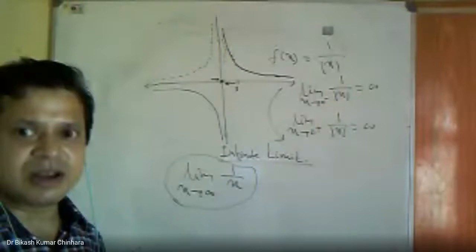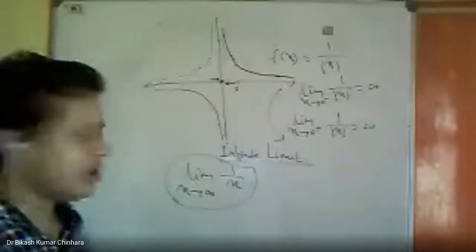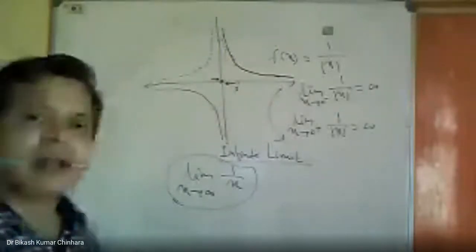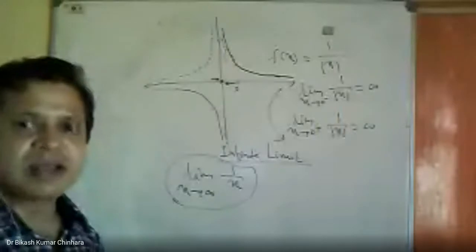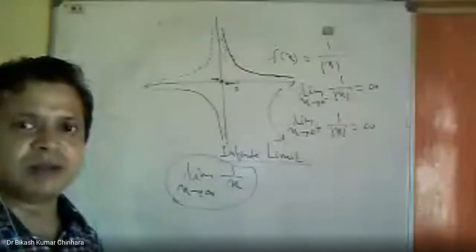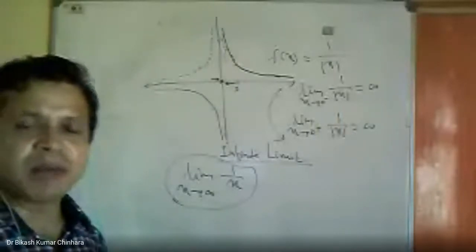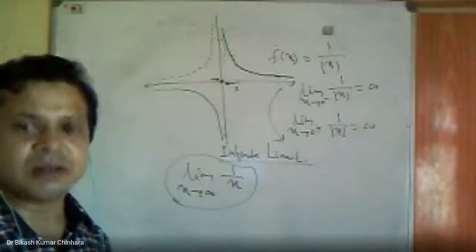If the value of the limit is infinite, in general we say that the limit should not exist. But we are giving another name to that. I am saying that if the value of the limit is infinite, then it is called infinite limit. When the limit exists, if LHL is equal to RHL, then the limit will exist. If it is a finite quantity, this is the normal limit.